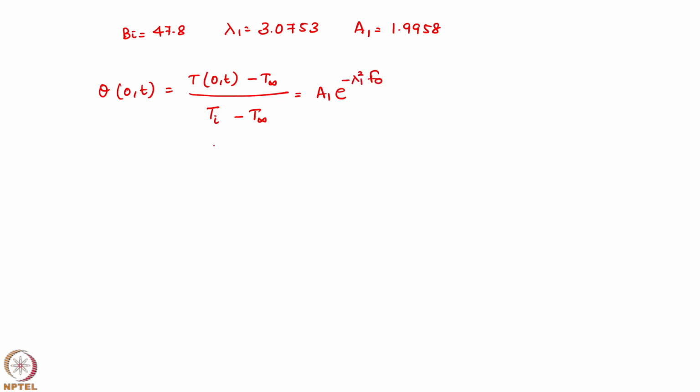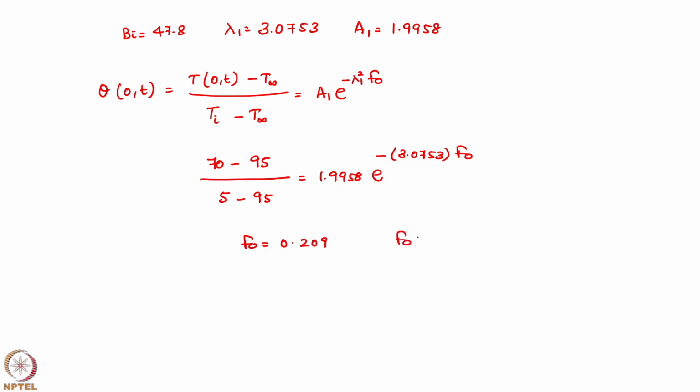If you substitute, the center of the egg should be 70, and this is 95 boiling water, divided by initial 5 minus 95, is equal to 1.9958 e to the power of minus 3.0753 squared into Fourier number. So I get a Fourier number of 0.209. Luckily, Fourier number is greater than 0.2, so only one term is sufficient.